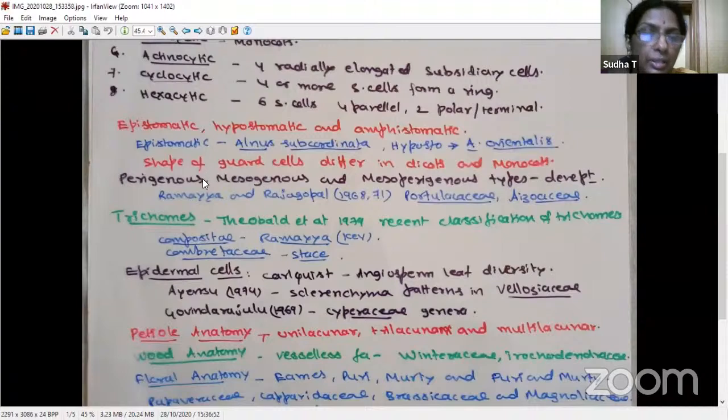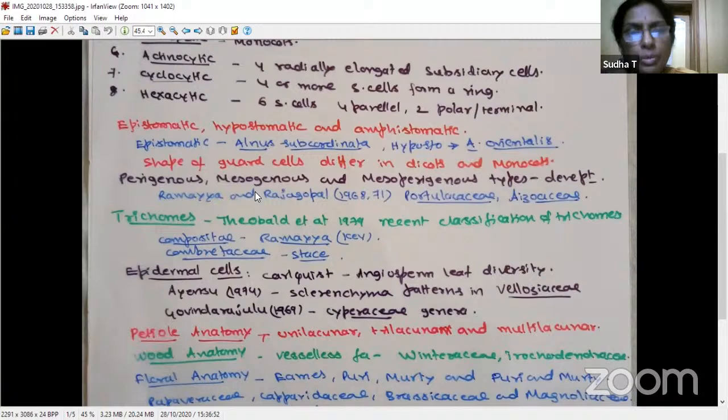Then these are the perigenous, mesogenous, mesoperigenous types. These are all based on the development. As we know, the guard cells and the subsidiary cells might have derived from one mother cell, or they might have derived from two mother cells or from different cells also. Based on that, perigenous means it is from the same cell.